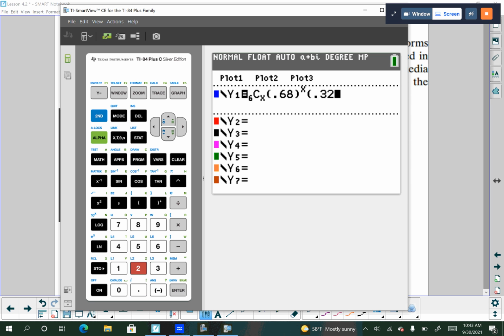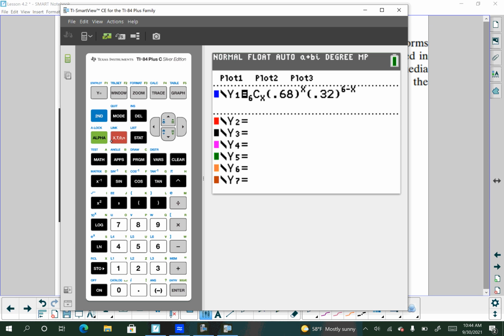Probability of failure, the exponents always add to what? They don't add to 1. Look at the last one we just did. They added to 6, which is n in this case. Okay, so in general, they add to n. So if x is my first power and 6 is my n, 6 minus x is what's left over for the failures. Okay, and those two add to 6 then.